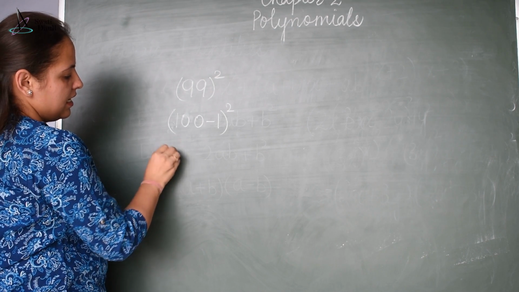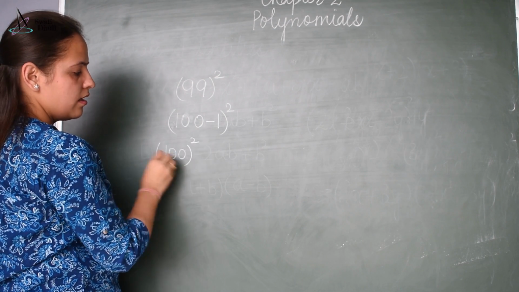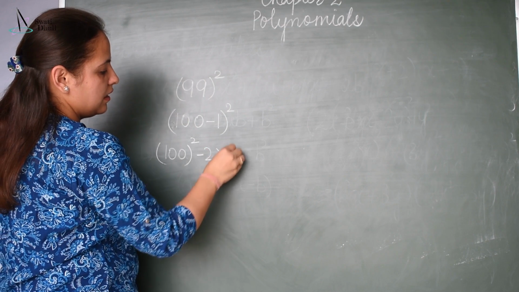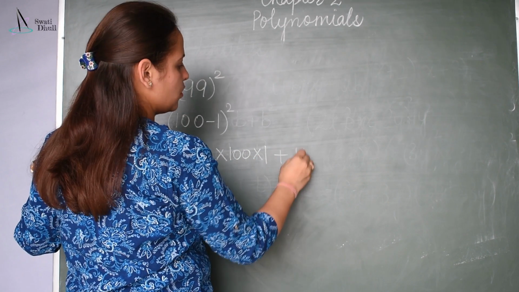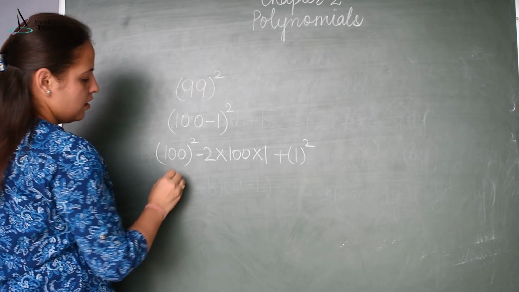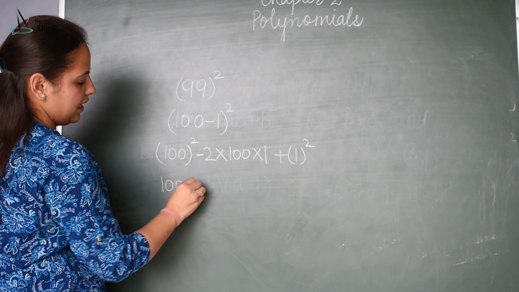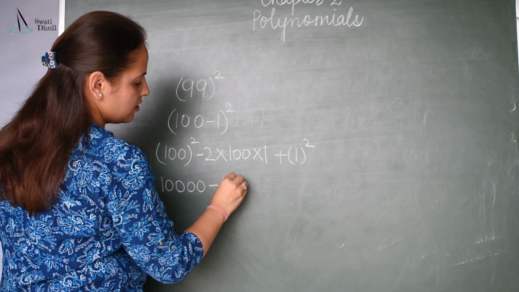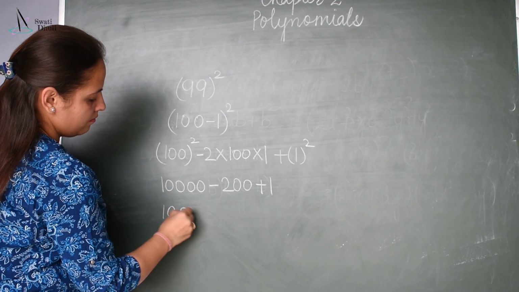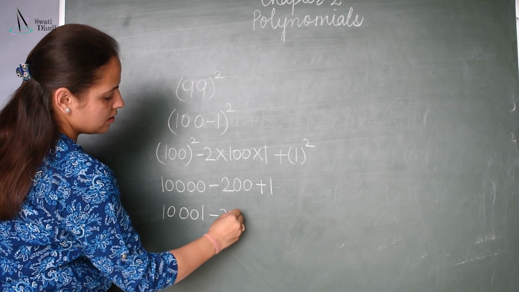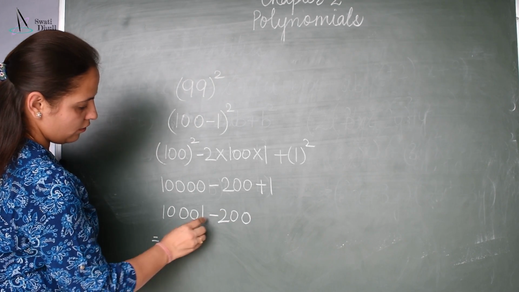That is a², 100², minus 2ab, 2 times 100 times 1, plus b², that is 1². So 100² is 10,000, minus 200, plus 1. You can solve it.